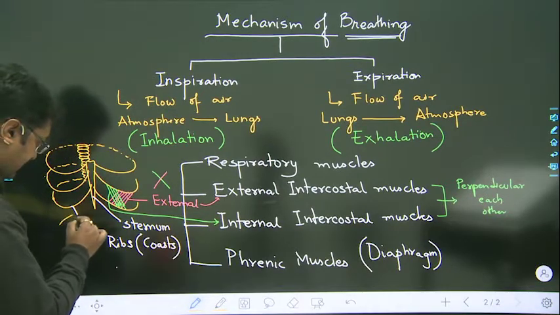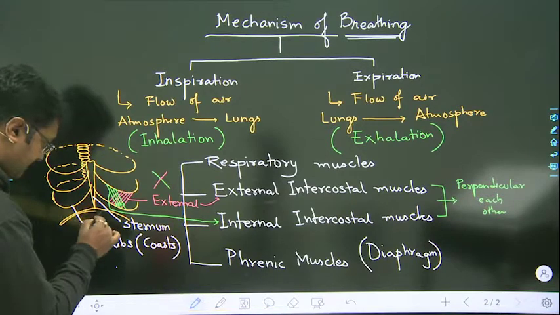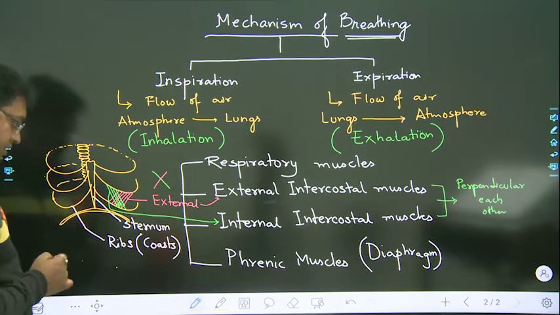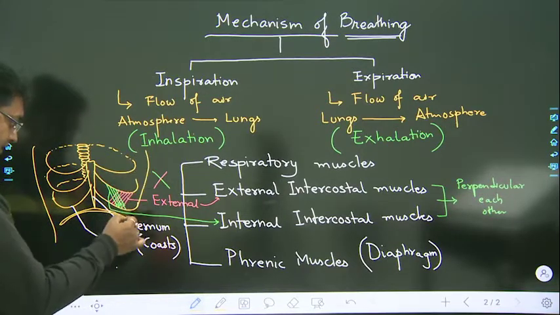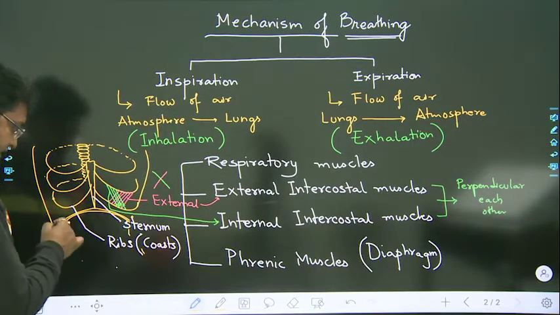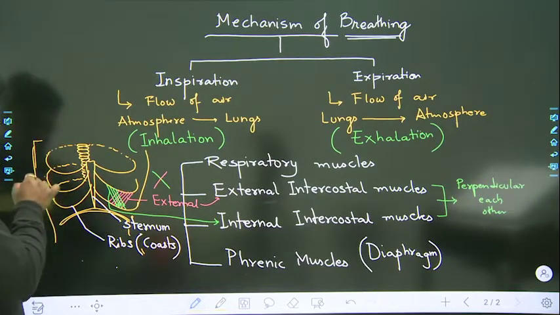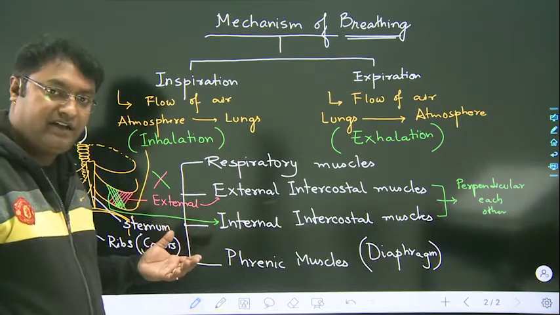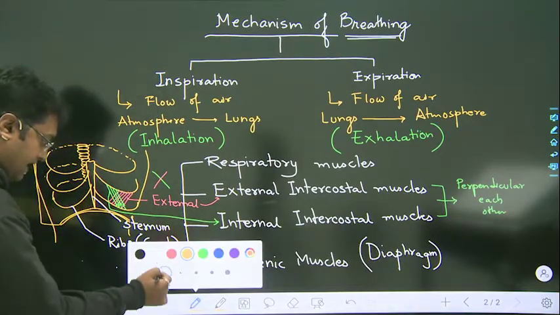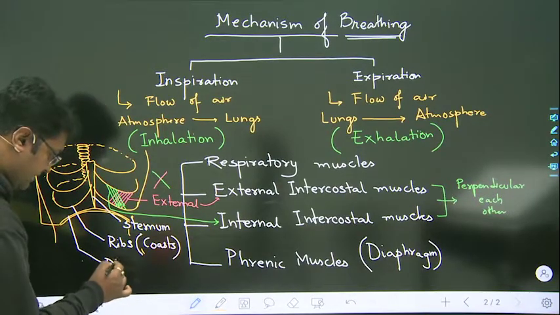So here there will be a dome-like structure which is present at the lower part of the thoracic cavity. From here to the diaphragm, this will be your thoracic cavity. So I can write over here that this will be the diaphragm.